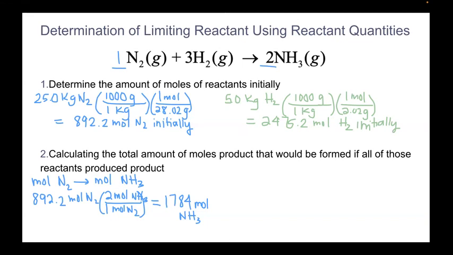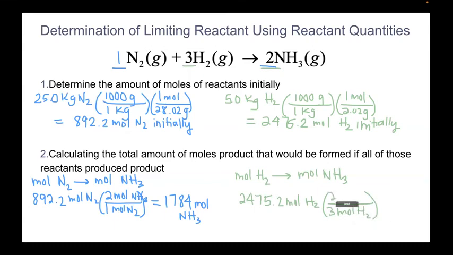So to figure this out, we're able to say that if I have a certain amount of moles of H2, I can figure out how many moles of NH3 form. We know that if I have 2,475.2 moles of H2, utilizing my molar ratio, for 3 moles of H2, I have 2 moles of NH3.